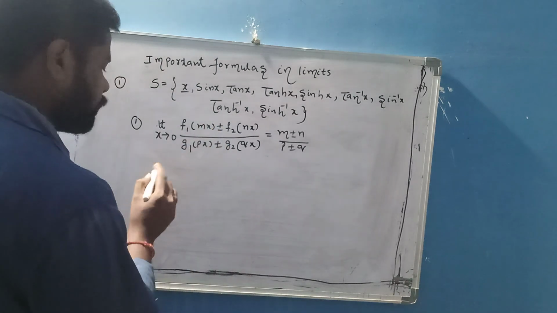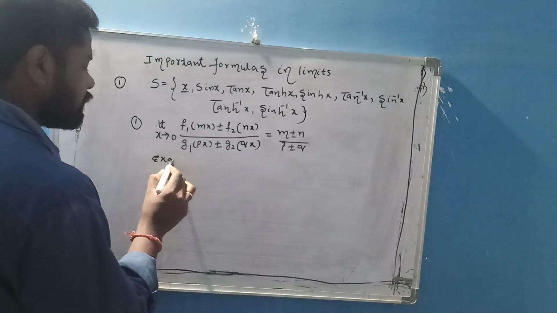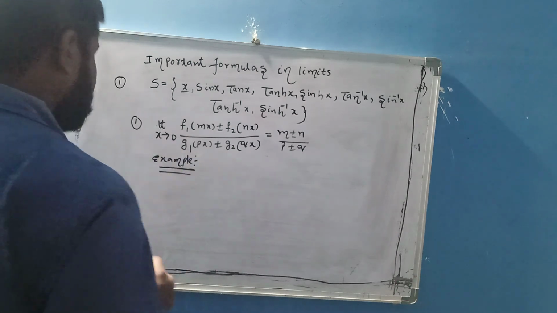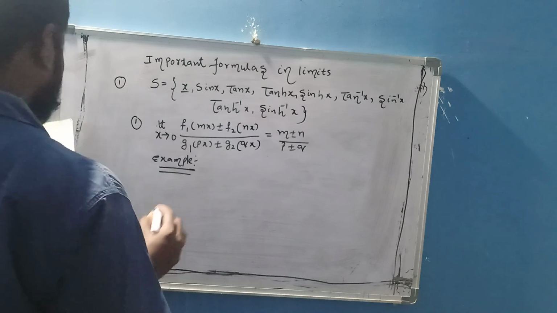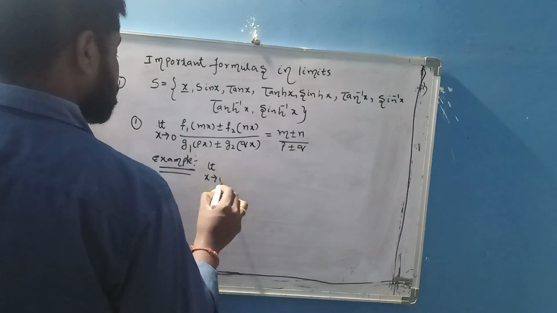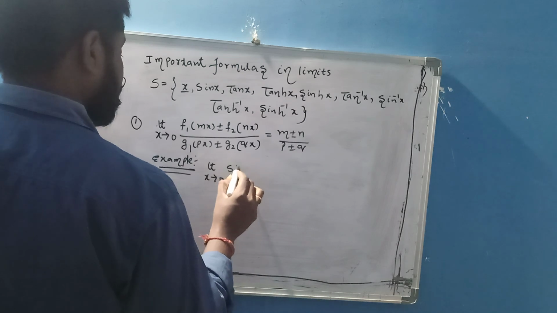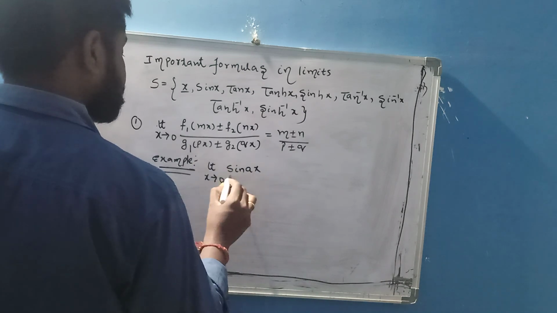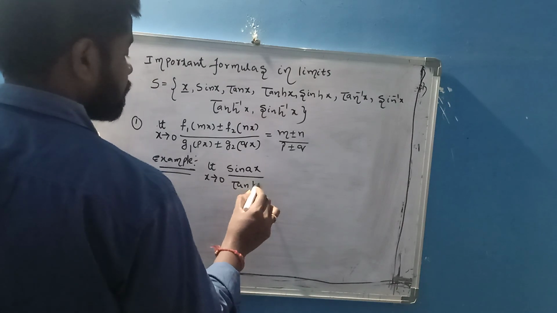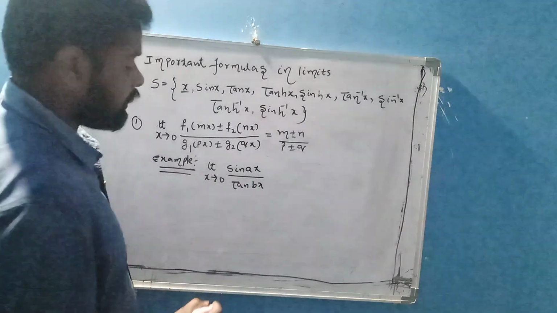What is one example I am taking? Limit x tends to 0 of sin ax by tan bx.